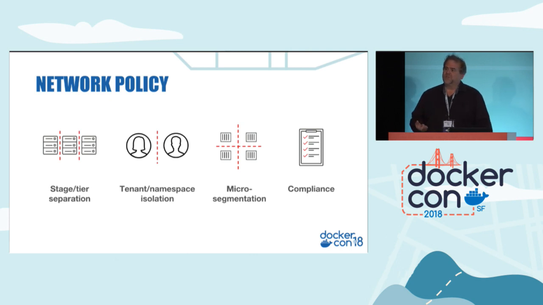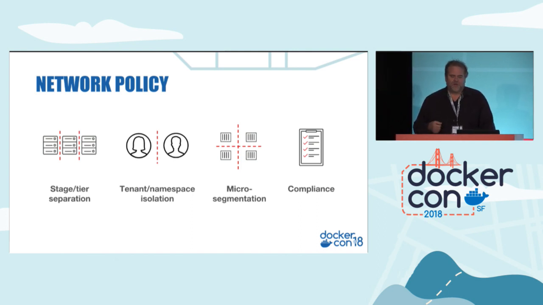You can use this for true microservices segmentation: this front-end application can only talk to these back-end applications, and these back-end applications can talk to these sources of data. We can also use this for compliance. Workloads labeled PCI can't talk to workloads not labeled PCI.